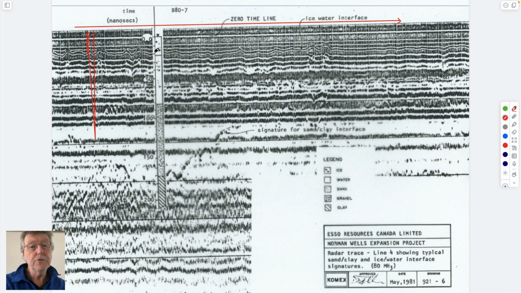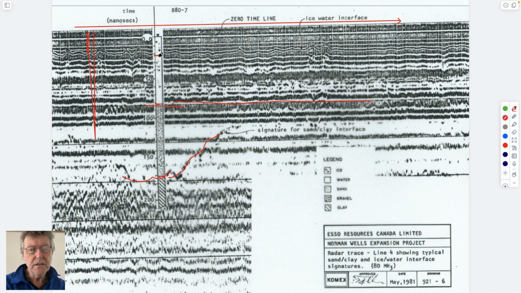And if you go across the location of a borehole, you try to locate the interfaces that you see. So here's one interface, which picks up with this. This is an interface here, this strong reflector here.